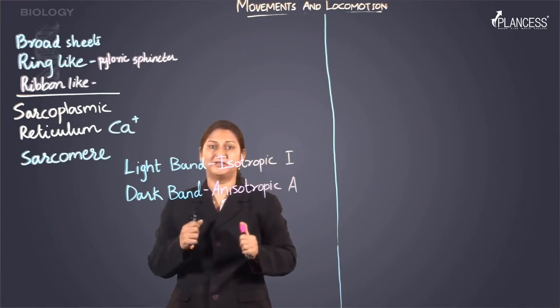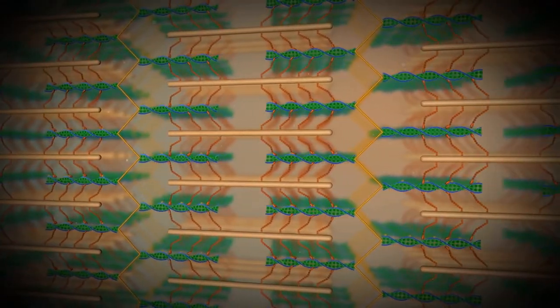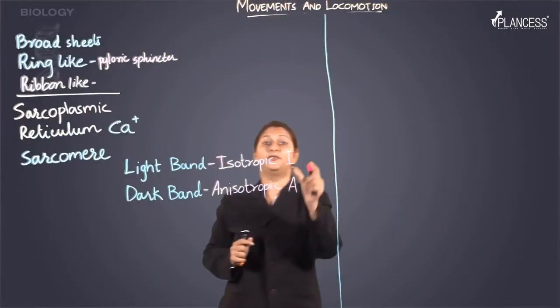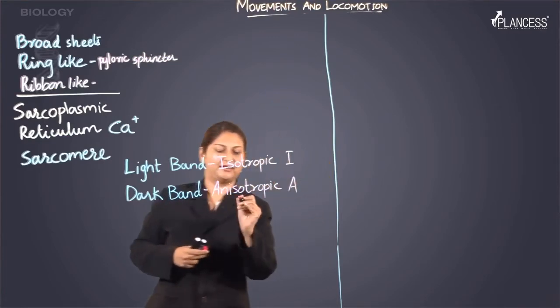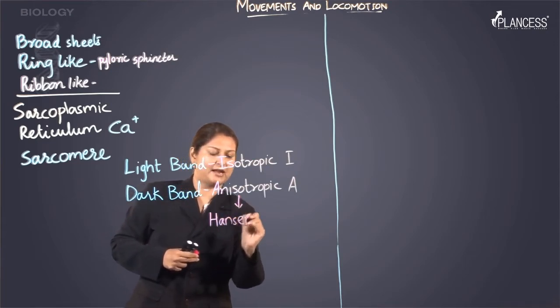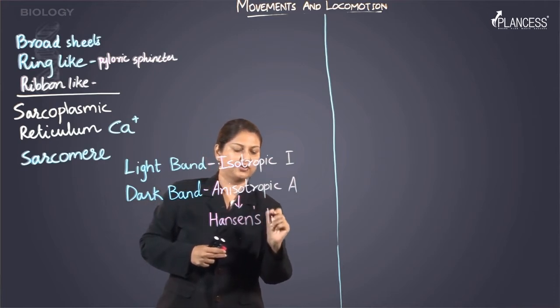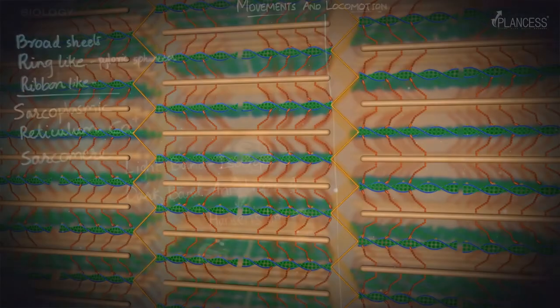Why that happens is because both ends of the thin filaments seen in the I band keep moving in, moving out, moving in, moving out. So when they move in, they give a further center to the A band, and that center of the A band is called Hansen's line, with due credit given to the scientist who first observed it, and it is called the H zone.